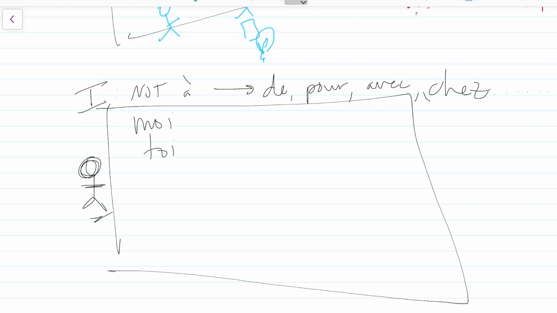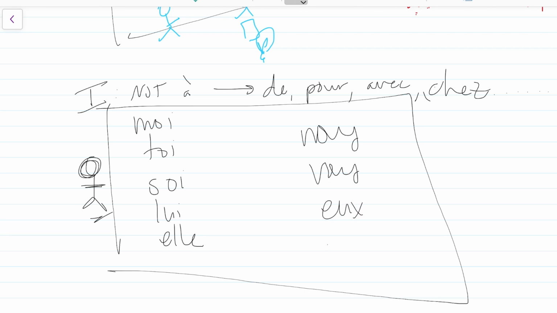The options here are moi, toi, soi, lui, and elle, as well as nous, vous, eux for masculine, and elles for feminine. These are called stress pronouns, or accentuated pronouns.